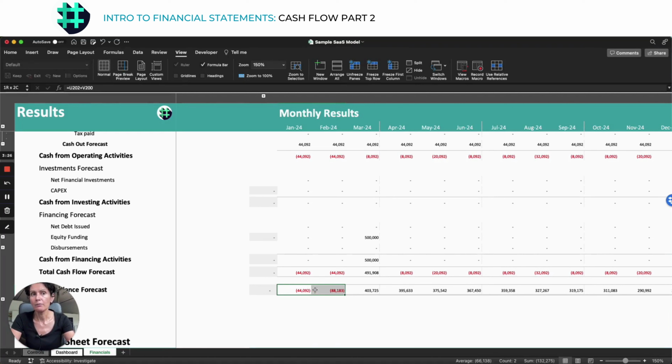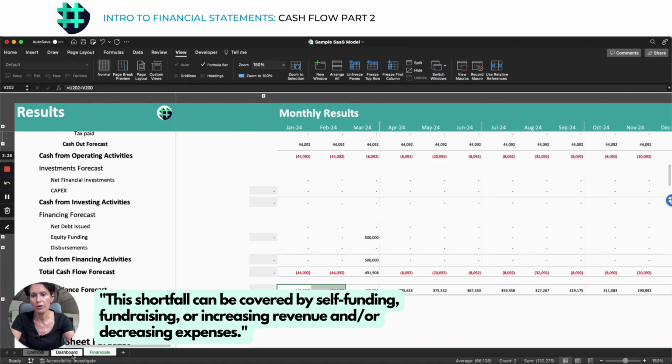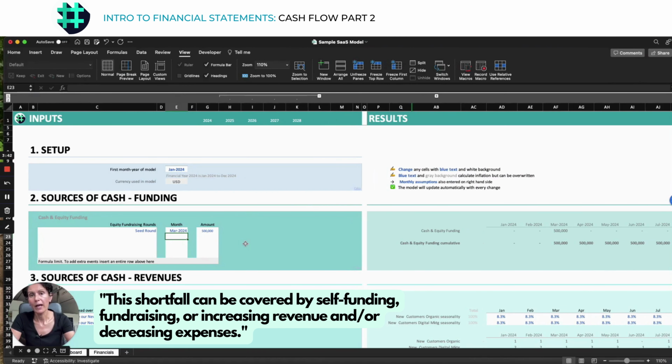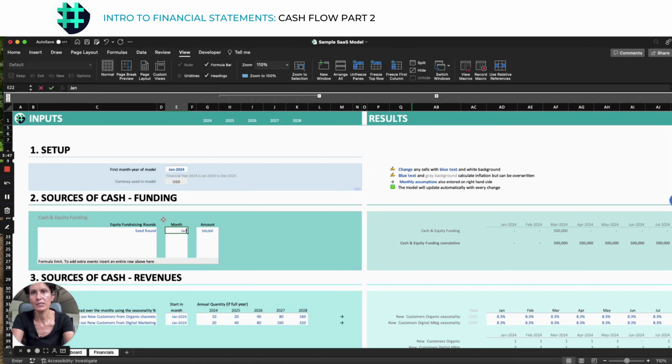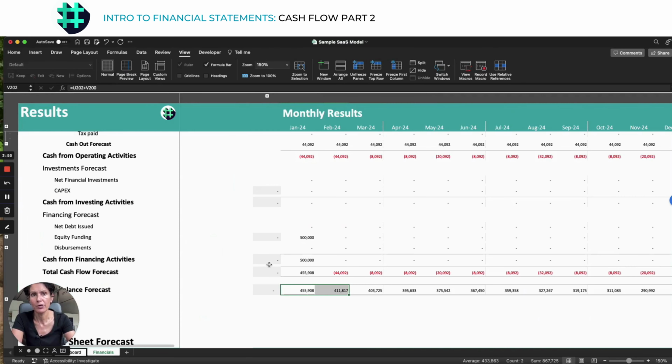Either we need to self-fund this, or if we go back over to our fundraising and we say, okay, based on the shortfall, we don't actually want to wait until March, but we want to raise those funds in January. We want to close in January. And what that does is that it shifts the fundraising to January.